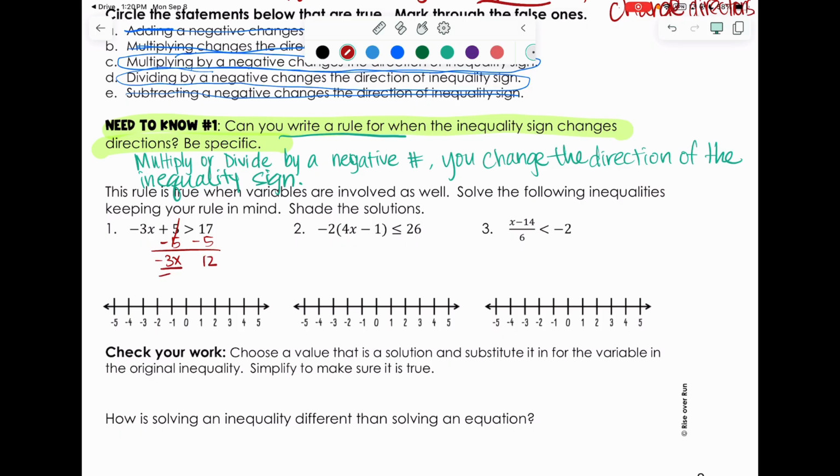So if I divide by -3 on both sides, what happens to our sign that was already at greater than? It flips, switches direction. Here we go, open. And x's that are greater or less than -4? Which one is it? Less. So we're going this direction. Check your answers. Make sure you shade it correctly.